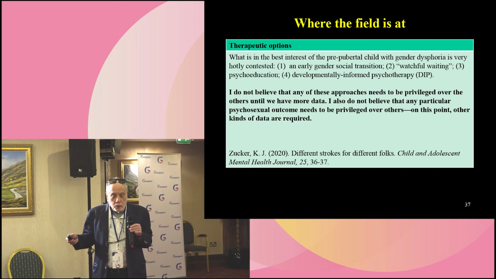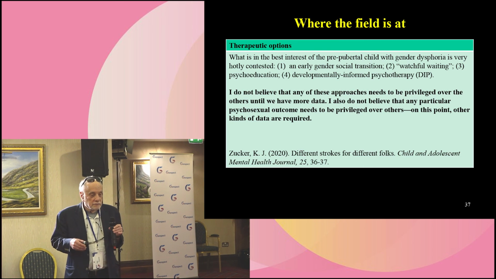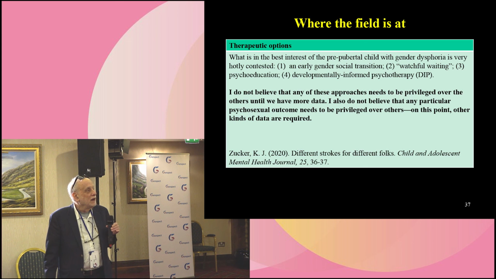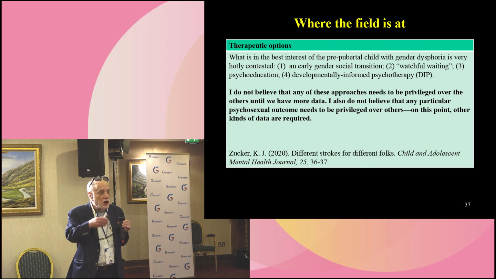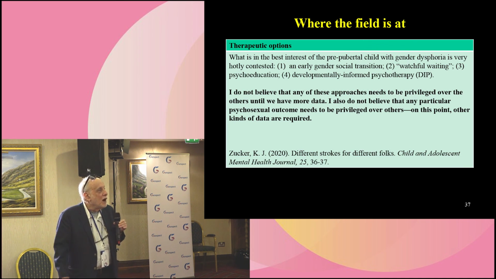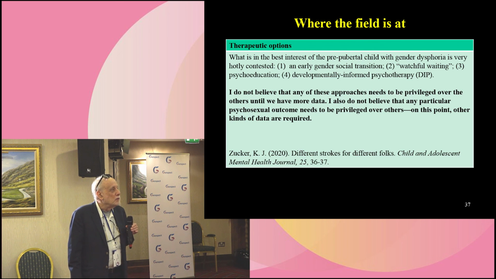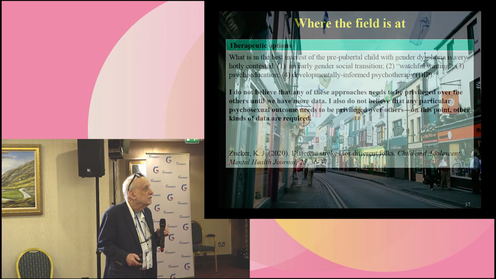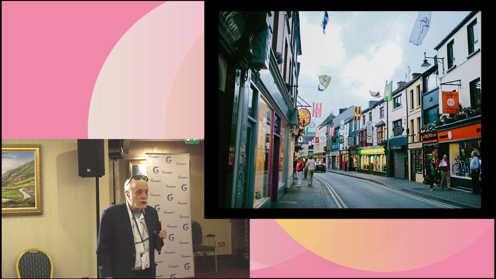I think my main point is parents just need to know what the odds are that one approach versus another, where it may go. But to decide what is the optimal therapeutic approach, we need very different kinds of data. So that's it. Thank you.